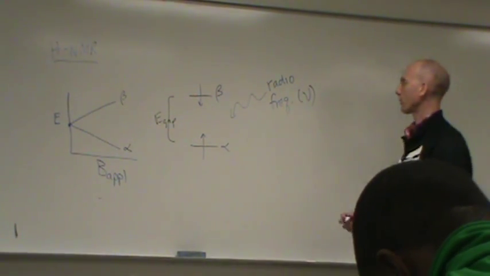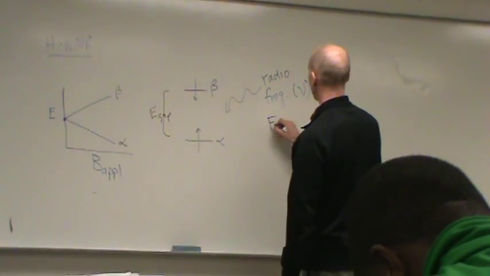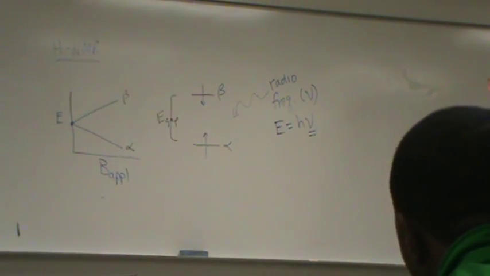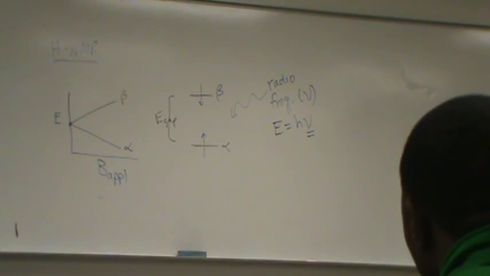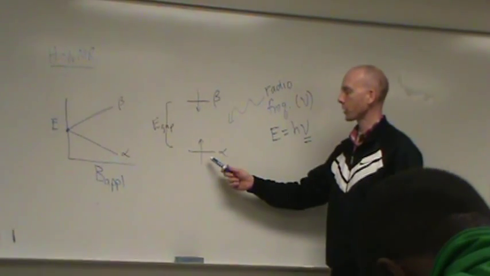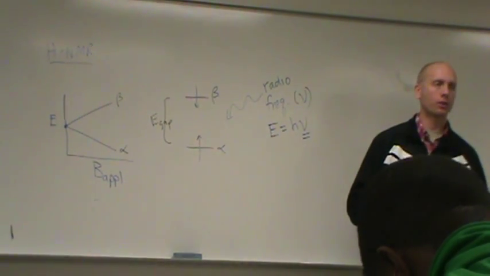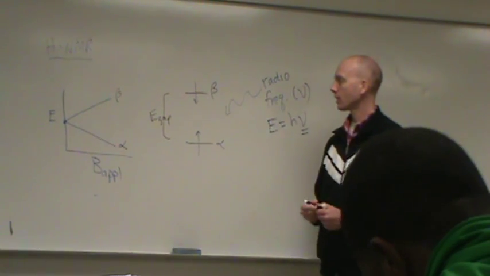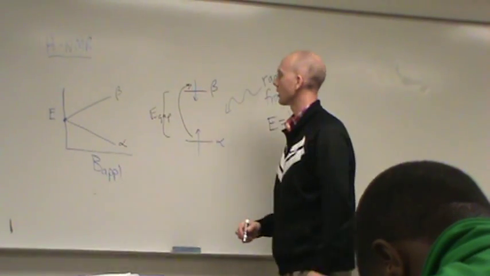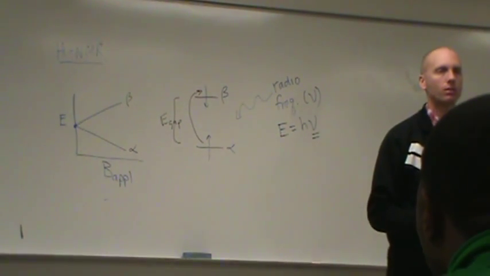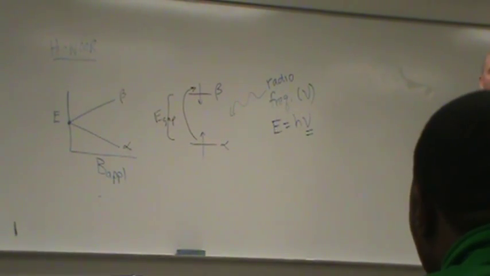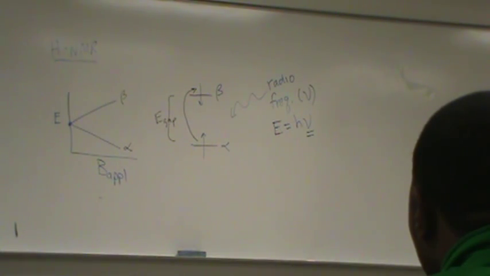And remember that energy is equal to h, Planck's constant, times the frequency. So what do you think this radio frequency will have the energy to do? To cause an alpha spin to go up to the beta spin. So we get a transition of alpha going to beta, so basically turning upside down.